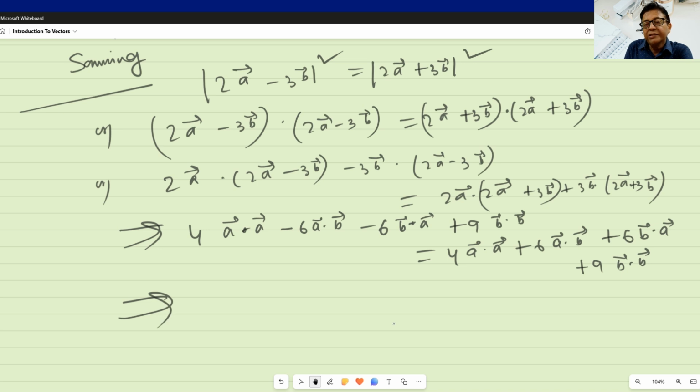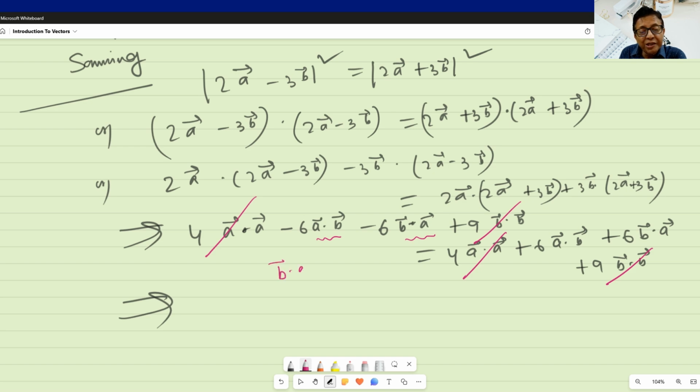This implies 4 a dot a is 4 mod a square, and 4 a dot a is there on the LHS, there on the RHS also. 9 b dot b is there on both sides. And you know dot product is commutative. So b dot a is a dot b. So minus 6 a dot b minus 6 a dot b will be equal to 6 a dot b plus 6 a dot b.